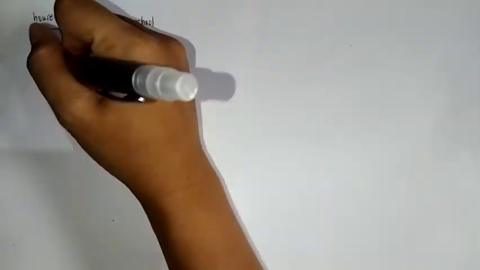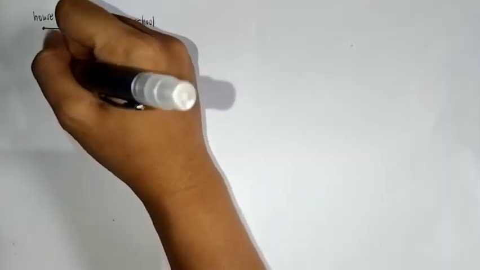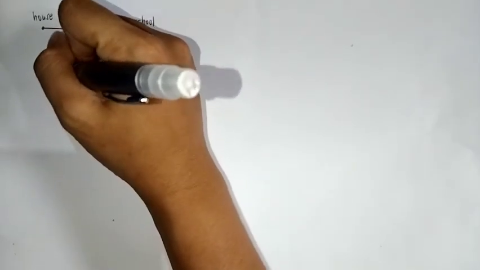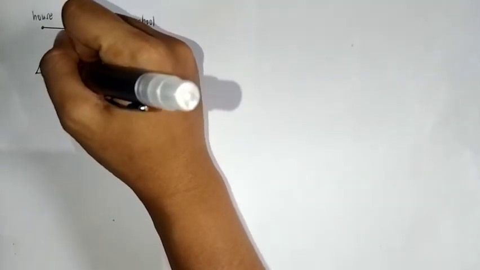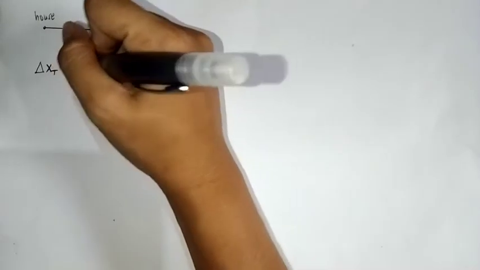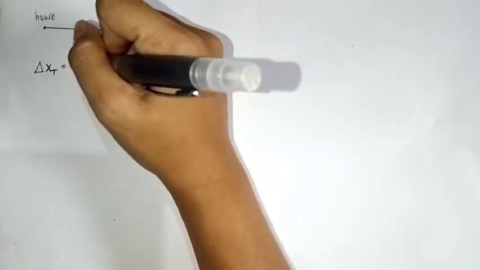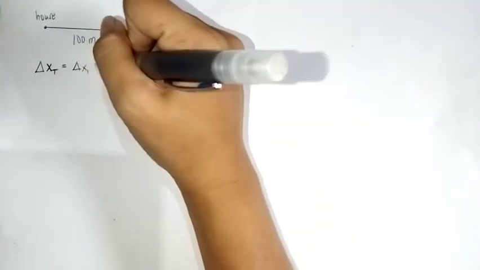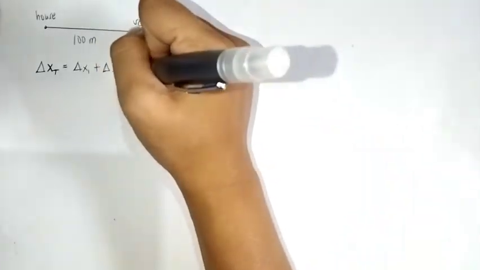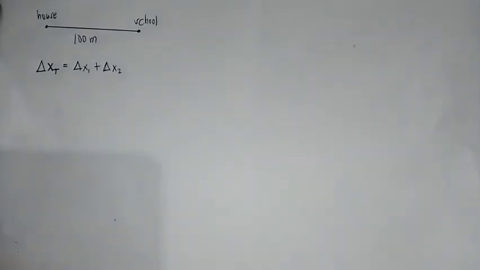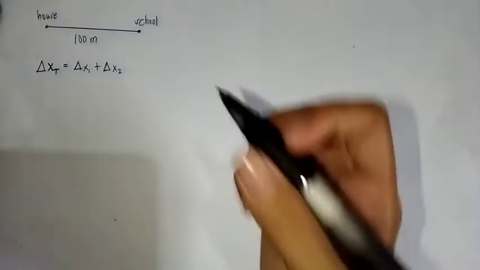So we are going to formulate the equation delta x sub t equals delta x sub 1 plus delta x sub 2, meaning we have two displacements involved in here.